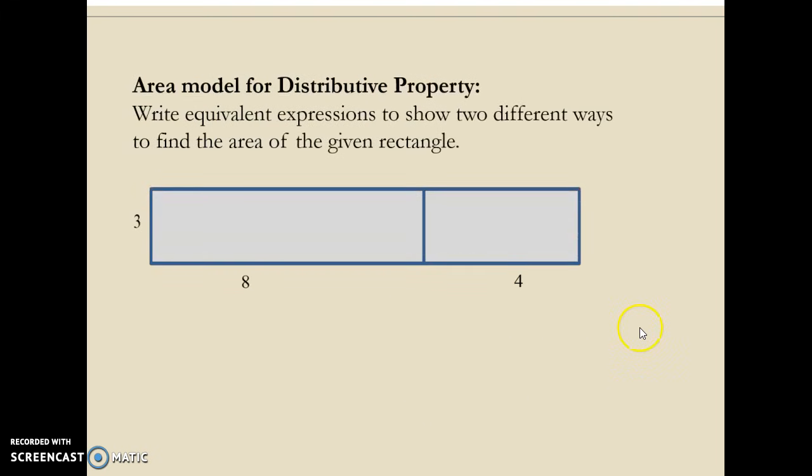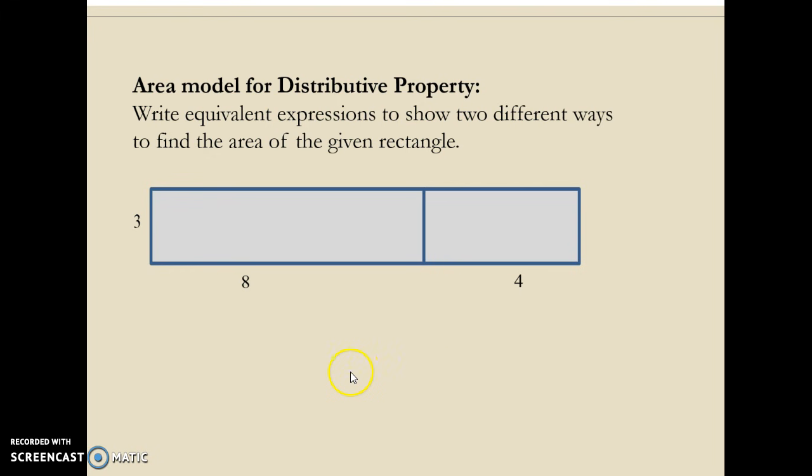Now we can also look at an area model. When we talk about distributive property, this can be a visual way of seeing how those two expressions are equal to each other. Let's look at this big rectangle, and we want to write expressions for finding its area. We can do it two ways.